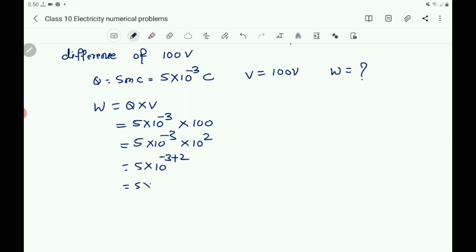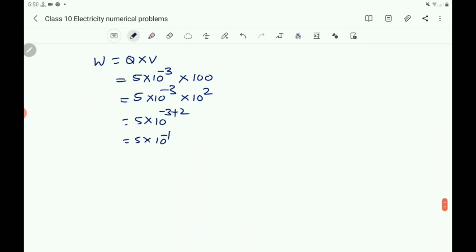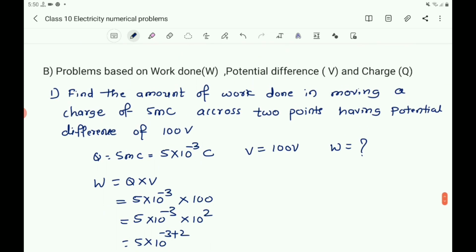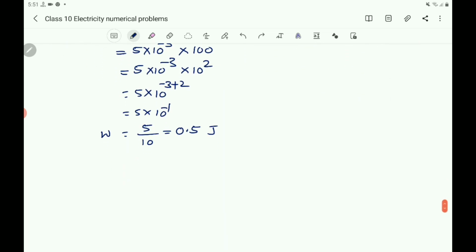Then you will get 5 into 10 power minus 1, that is W is equal to 5 by 10, that equals 0.5 J. How much work is done here? 0.5 joules of work is done. That is the answer for this question.